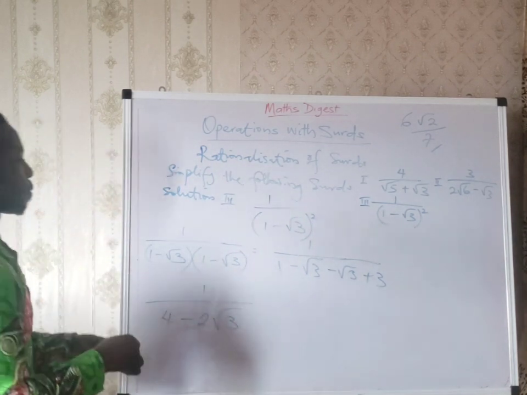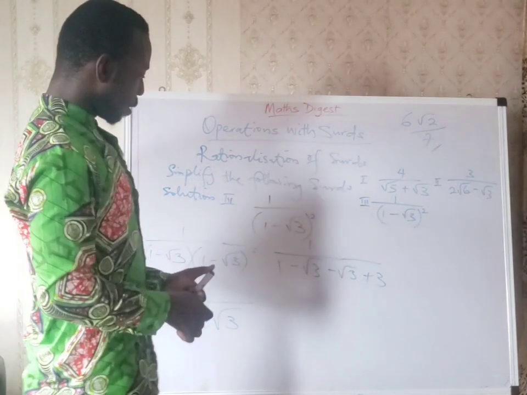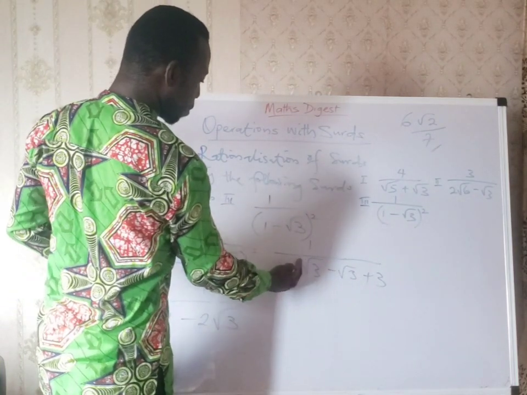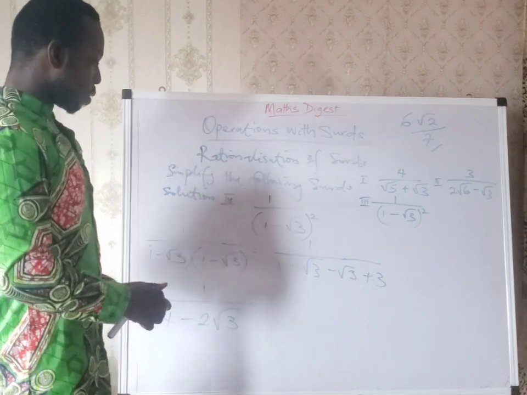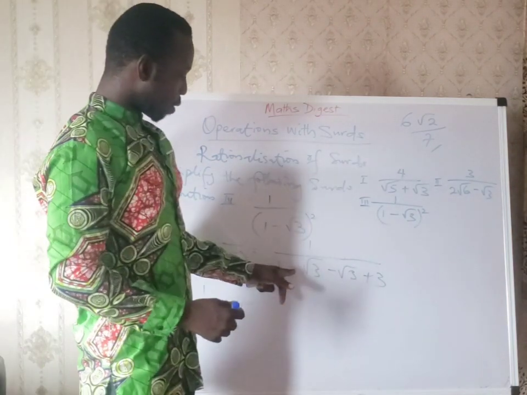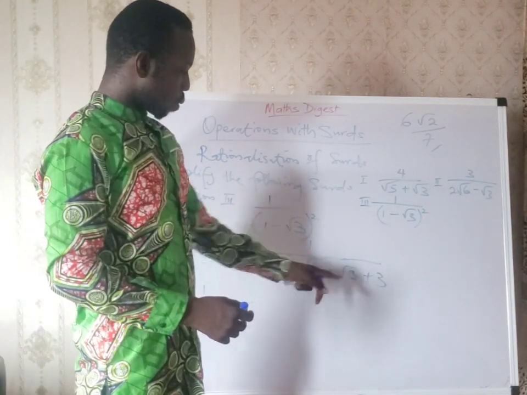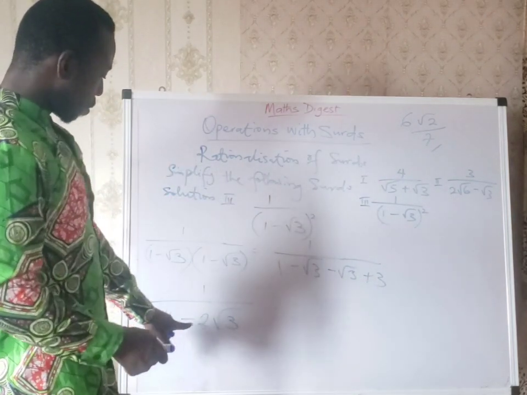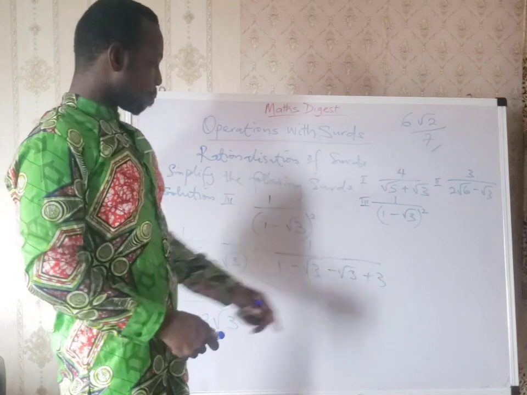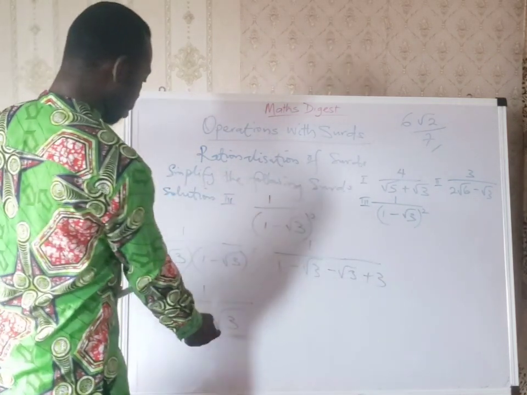What does that mean? You know that the number standing out here is 1. But in mathematics, it's not written, okay? So you say minus 1 will give you minus 2. So that is minus 2 here. And they have the same surd, root 3, okay?